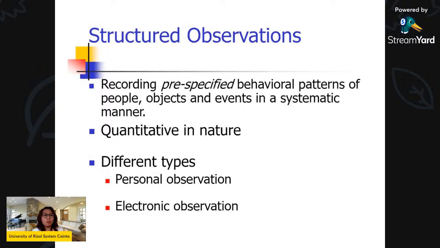Next, paano ba natin ma-structure ang isang observation? It is a recording process of pre-specified behavioral patterns of people, objects, and events in a systematic manner. So, for example, ang kailangan natin bigyan ng observational survey sa classroom. So, we record the activities that they are doing inside the classroom.